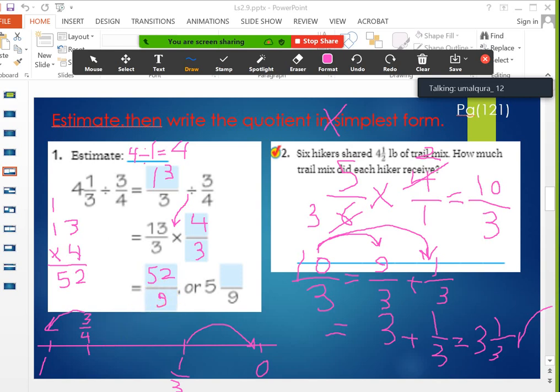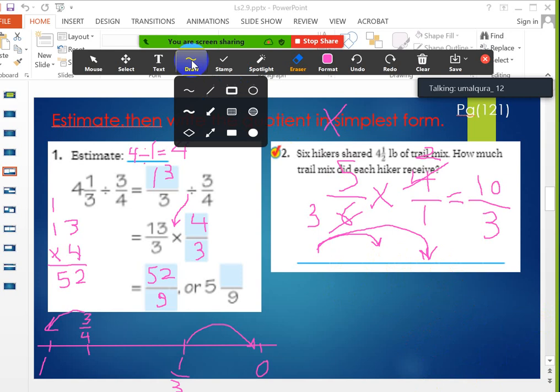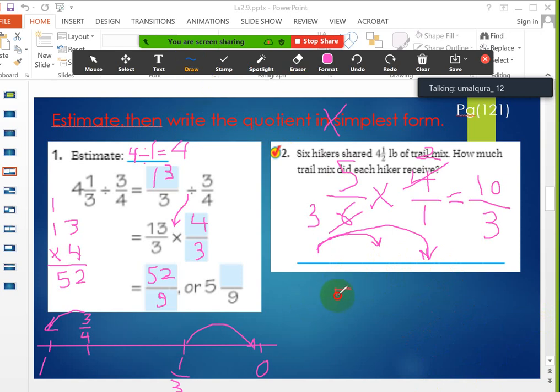The last step, girls, I want you to write the number in the simplest form. The numerator is greater than the denominator, so that means I can write it as a mixed number. So I will erase this side to explain it for you. I can break 52 over 9 into two fractions.